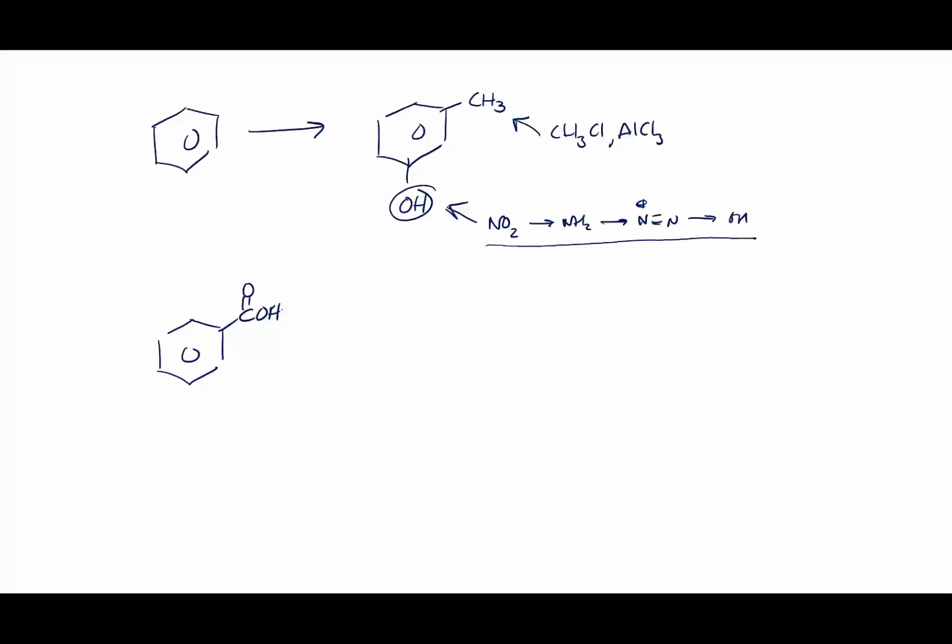Right, a couple of ways we could do that. We want to know how to add a straight chain alkyl group to the ring, without it rearranging.